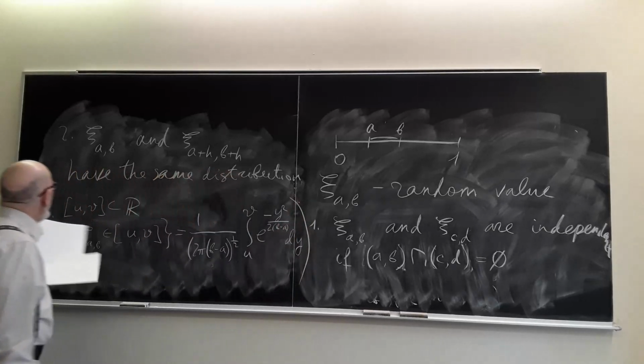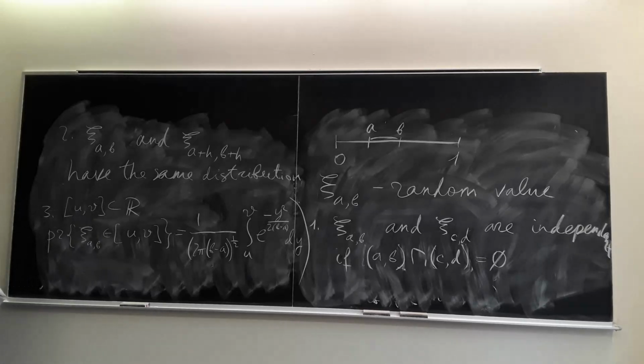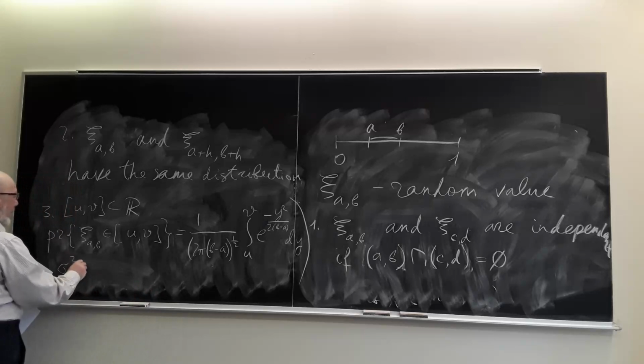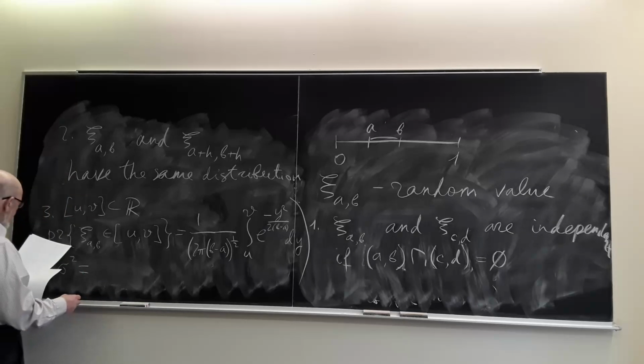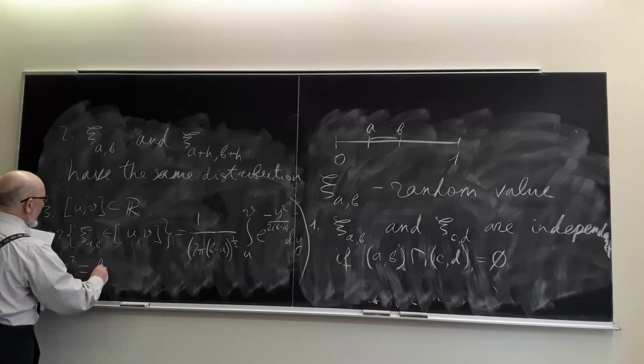So this is a Gaussian random value, and its dispersion sigma squared equals B minus A.